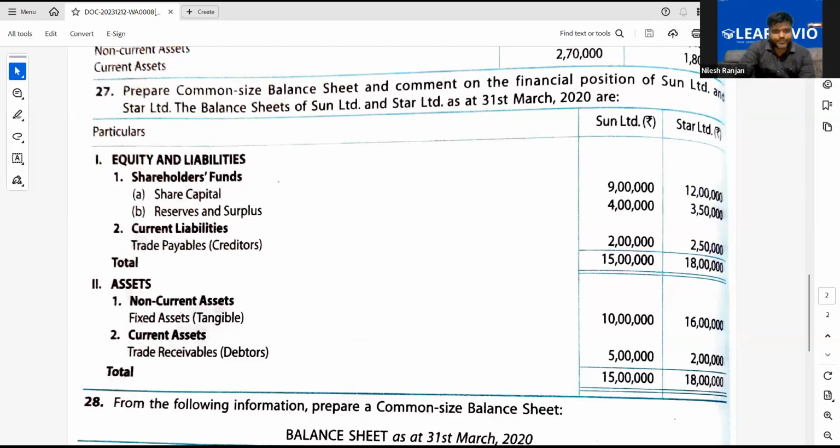Tell me first the percentage of Sun Limited. 100%, the share capital. Because 9 lakhs divided by 9 lakhs into 100.